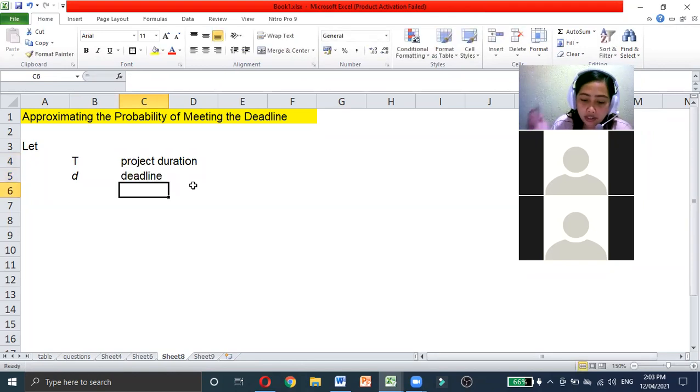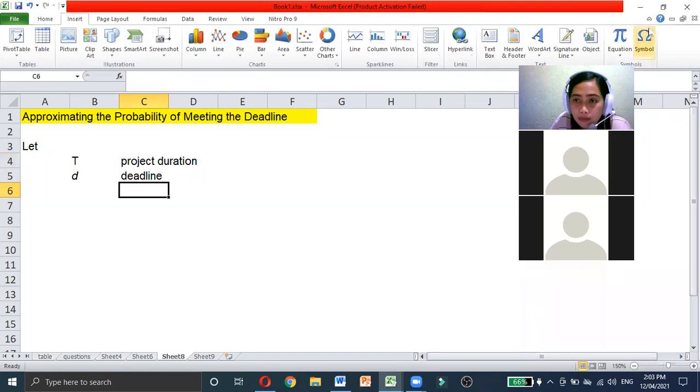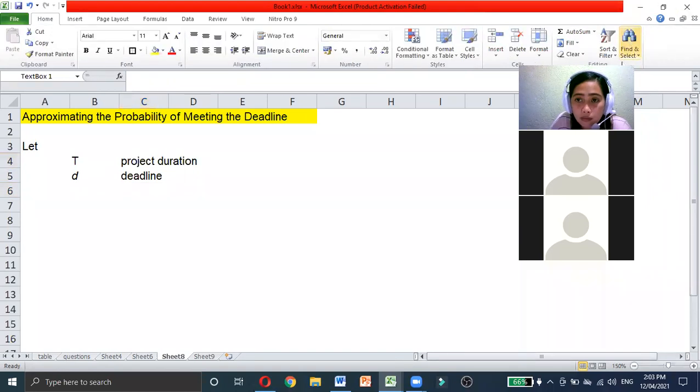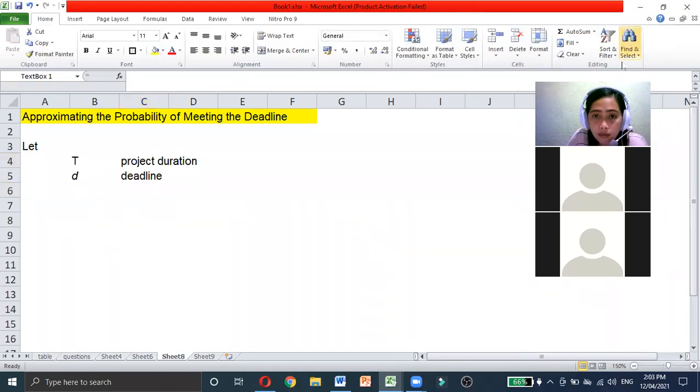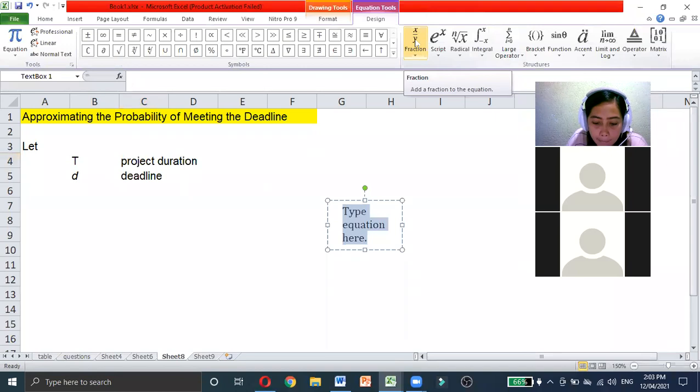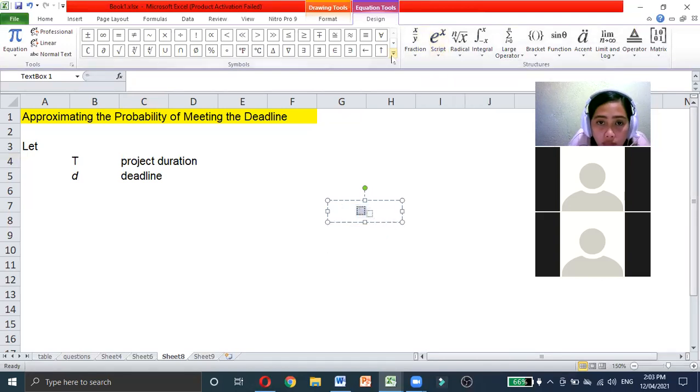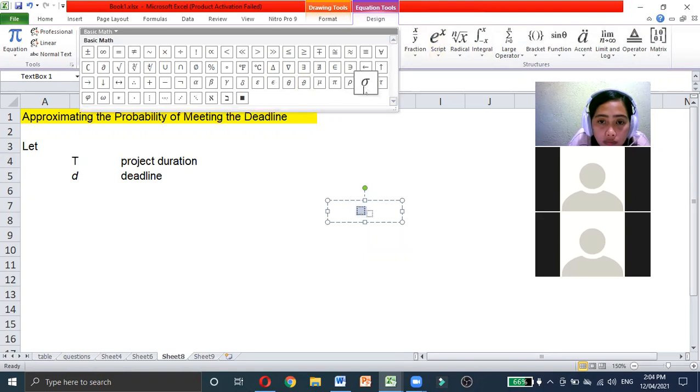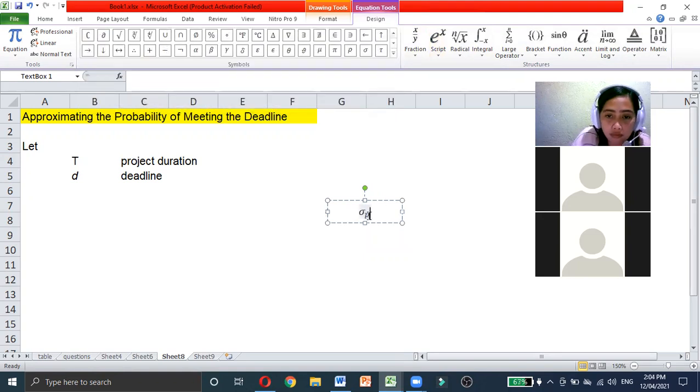Okay, so since the standard deviation of T is, using this formula, I will write here, is equal to 3.